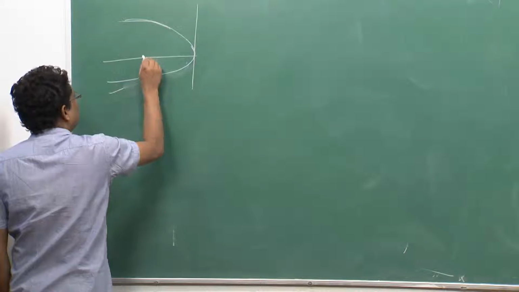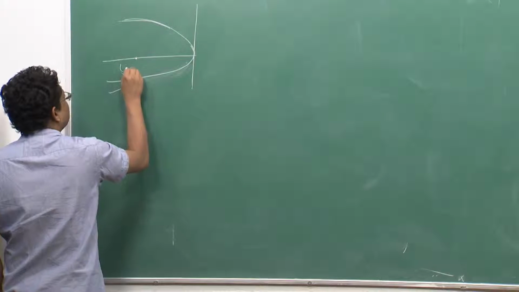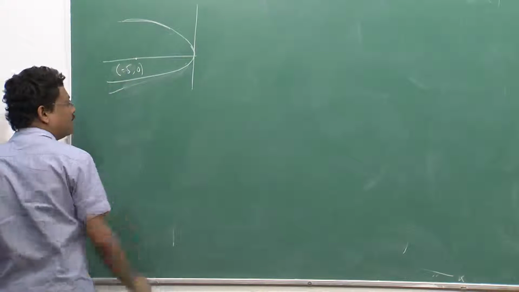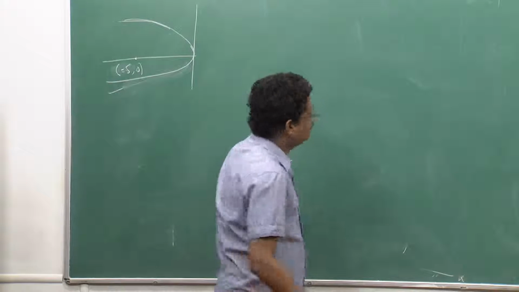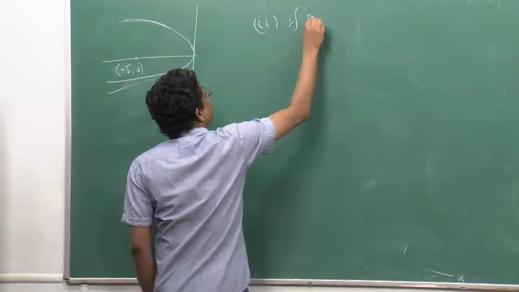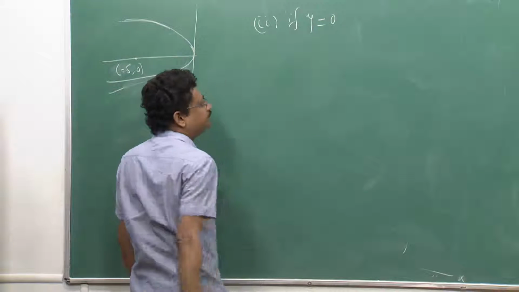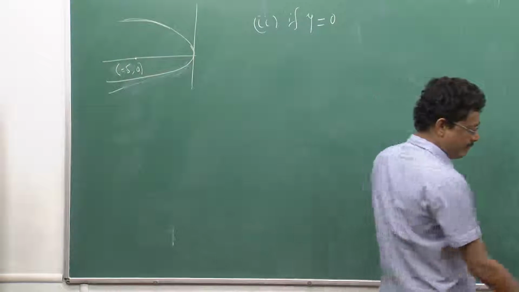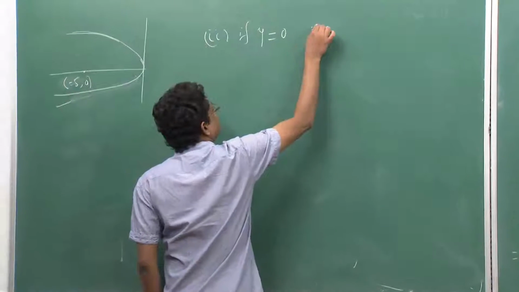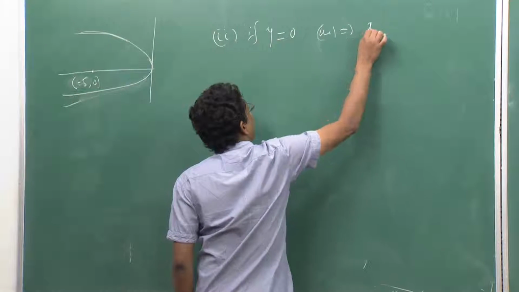This was a parabola and here is a point (-5, 0). Equation 2: if y equal to 0, then 3 will give x equal to 0.